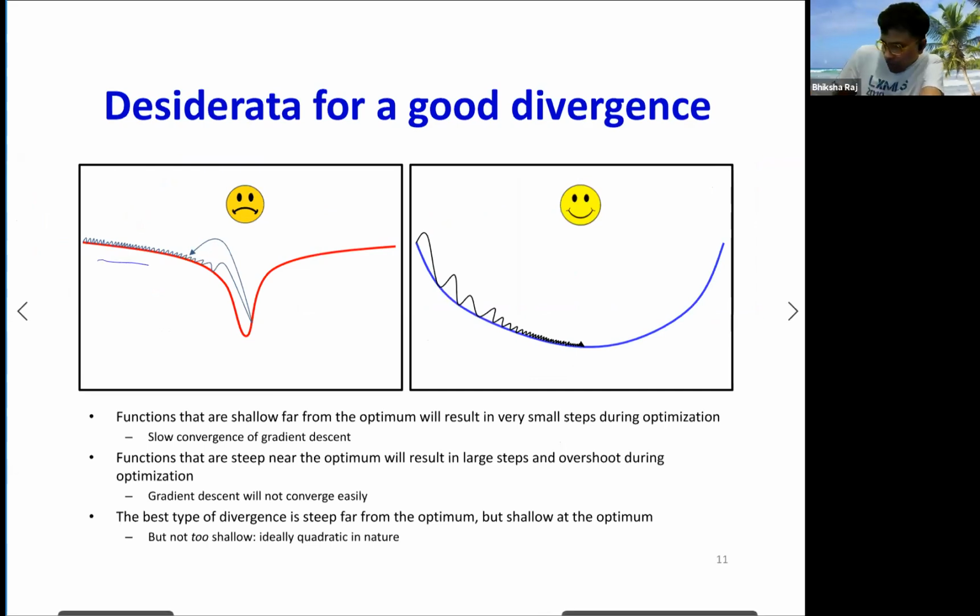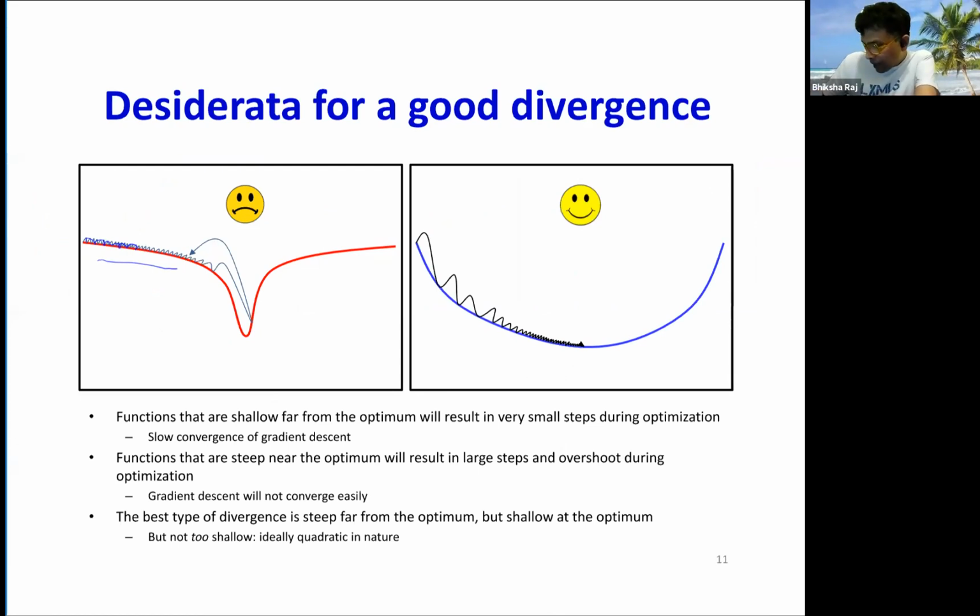Functions that are shallow far away from the minimum are going to have many small derivatives. And this will result in many small steps when you're far away from the minimum, which is going to slow down convergence of gradient descent.